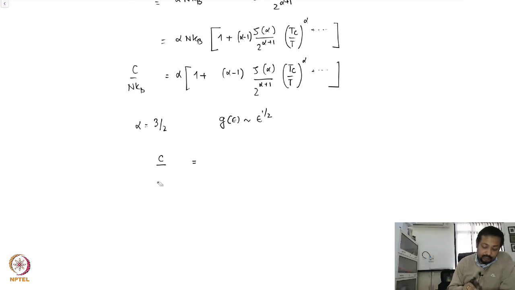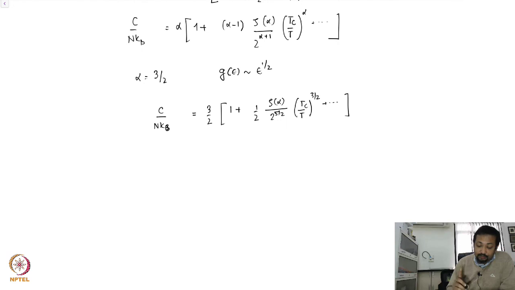Then the left hand side of this is not so ugly looking an expression. I have C over NkB is going to be 3/2 times 1 plus half zeta half 2 to the power 5/2 plus Tc over T, times Tc over T raised to the power 3/2 and higher order terms.